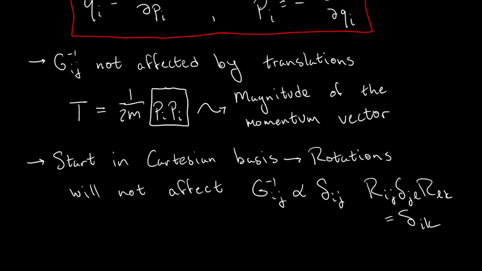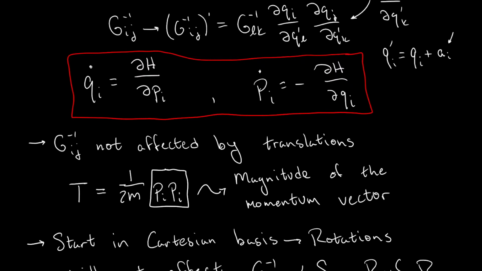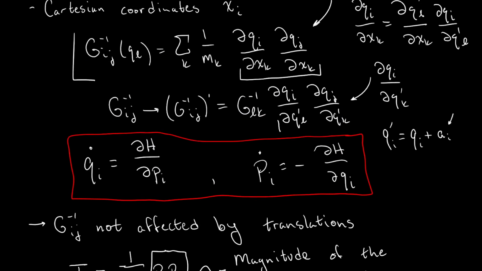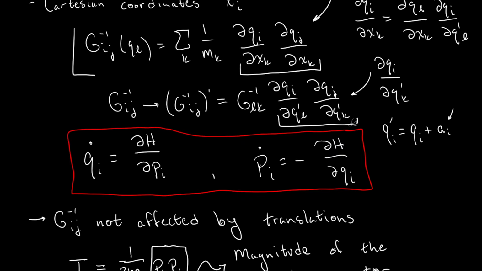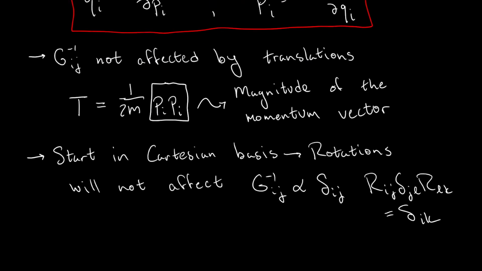I don't necessarily expect that to be obvious, but if you write down a rotation matrix and do this all out, you should find that this is correct. And of course, you can find the rotation matrix by just looking at these derivative terms.